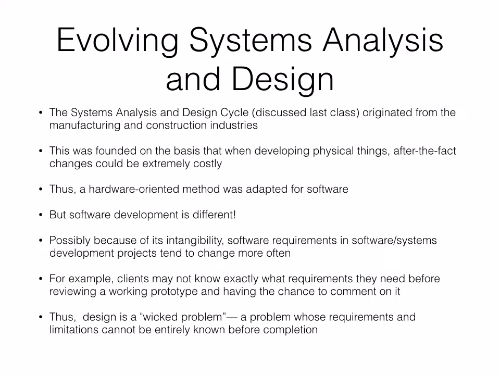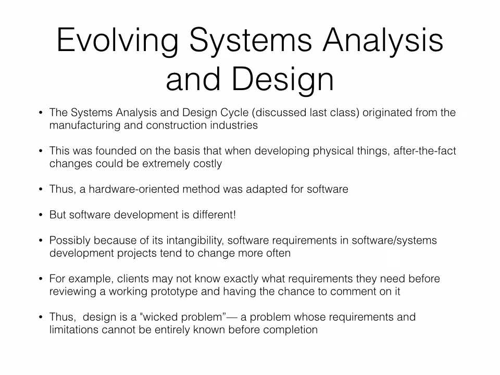Investigation, requirements analysis, systems analysis, design, prototyping, things like that were very discrete, so that when you finished one, you went along to the other, and you really focused on completing one to get to the next. So a hardware-oriented method was adapted for software development because this was kind of the natural progression.